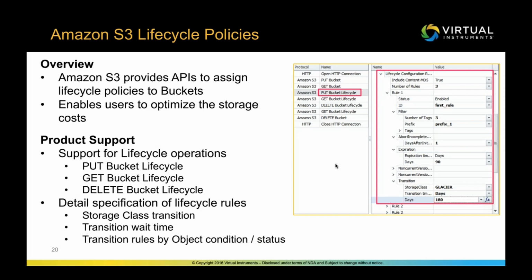Essentially, what the lifecycle policies do is allow the S3 object store to apply policies to objects and buckets that are created to automatically age them out. As they get aged out automatically, they're also moved into different storage tiers, to some of the colder storage tiers such as Glacier, for example.